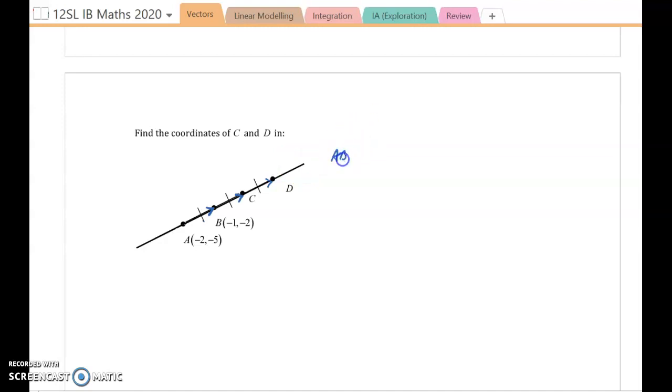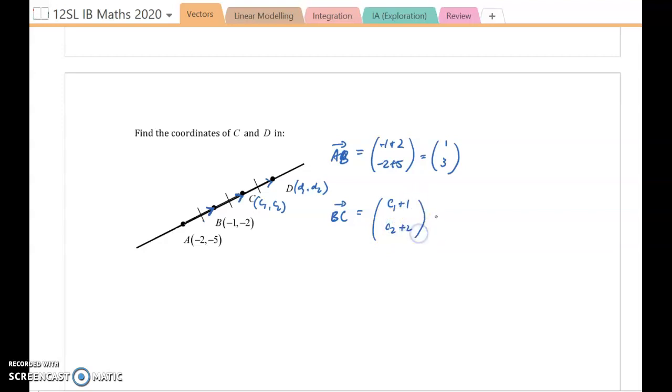So first, if I have AB, that would be -1 plus 2, -2 plus 5, 1, 3, right? And I want to also find BC. So let's just say C has coordinates C1, C2, D is D1, D2. Then that would give C1 plus 1, C2 plus 2. That's equal to 1, 3.